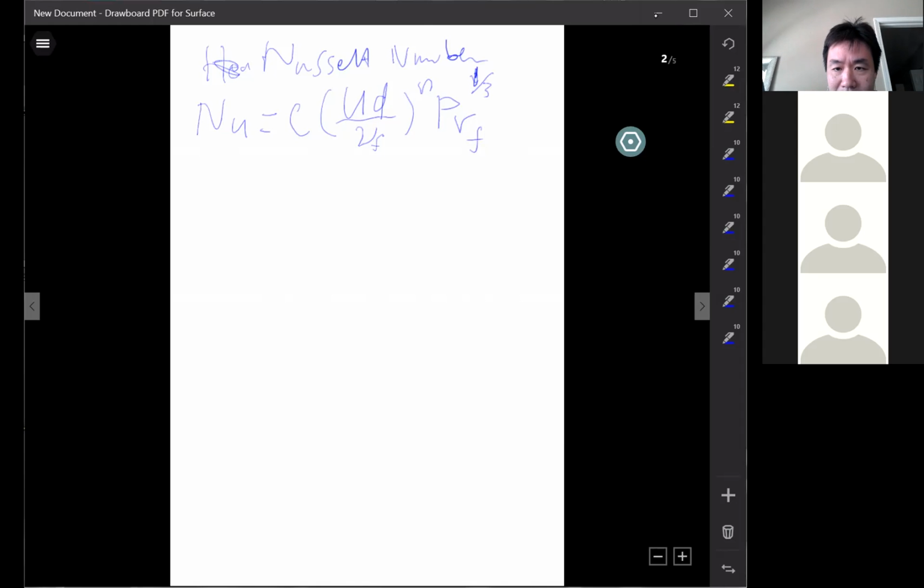Let me share my screen. I'll show you a paper. In that paper, one of the conclusions is that the isothermal and iso heat flux conditions are actually identical.